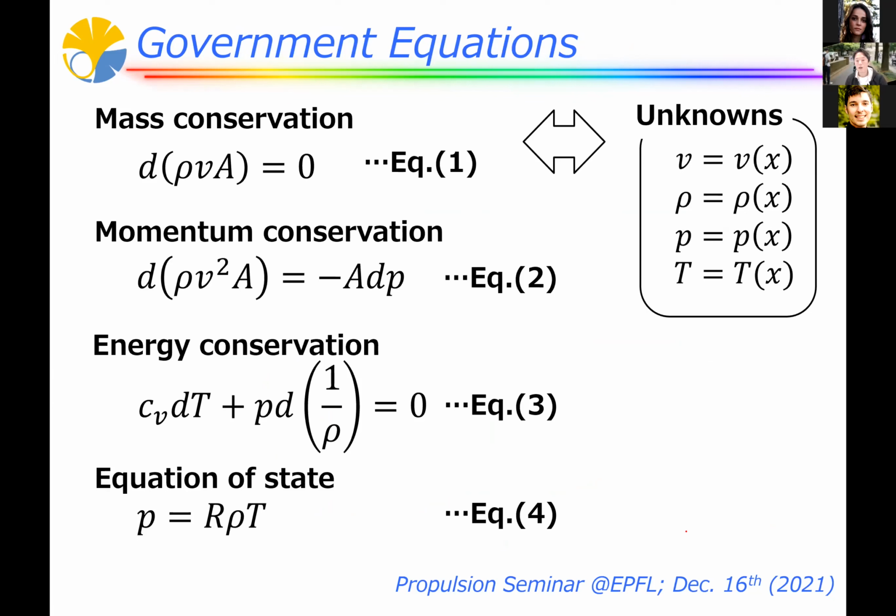Okay, so based on the previous model, we have to use four governing equations. In this talk, I won't explain the details of these equations, but the concept is very simple. The first one is mass conservation, the second is momentum conservation, the third is energy conservation, and the fourth is the equation of state.